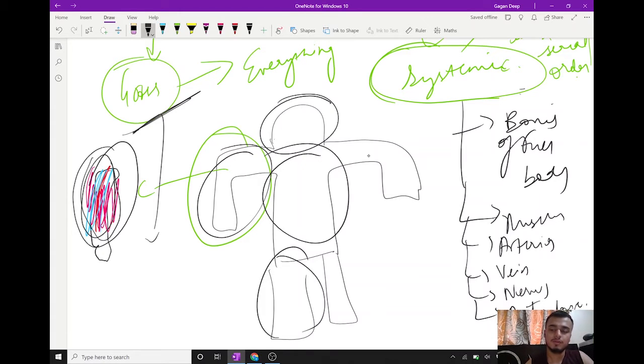So this is with respect to the full body. We study bones of the full body, then muscles of the full body, then artery, vein, nerves, and then the complete as a whole. Now this is systemic because we study in systems.